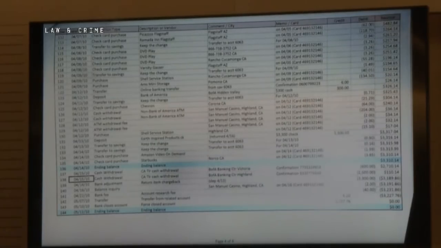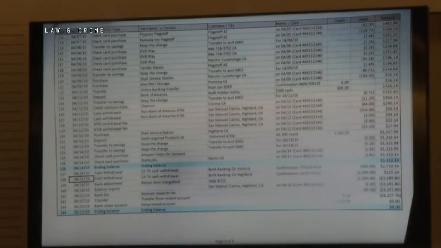This is the last statement of this account, May 12th, 2010, and the ending balance is 0. Again, this account had a negative balance just before this, and the bank forced the account closed by just doing a credit to the account to zero out the balance.